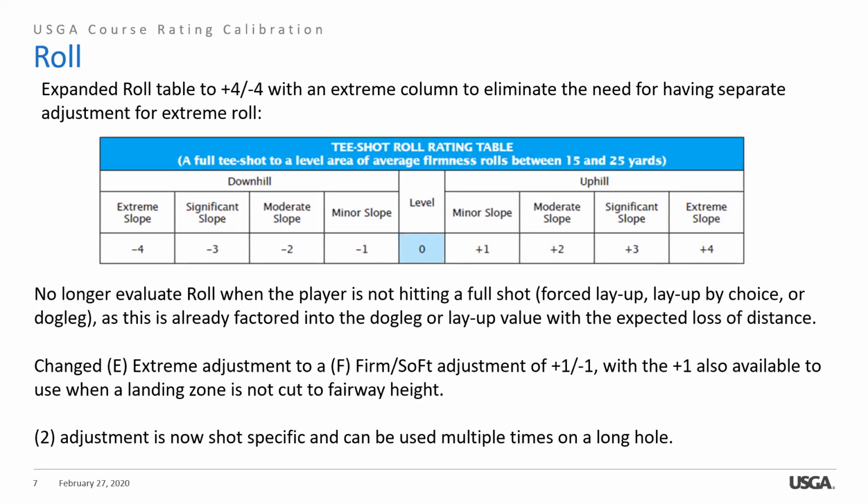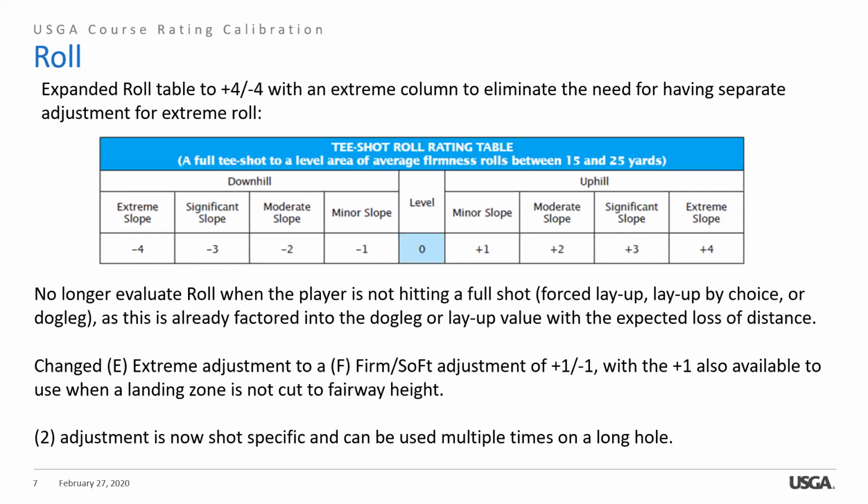Kyle, if I can just pump in here again. The +1 -1 is a minor slope, +2 -2 is a moderate slope. A significant slope at -3 +3 means that the typical roll of 15 to 25 yards, especially the +3 when the course gets longer, you've just used up all of your 15 yards of roll.